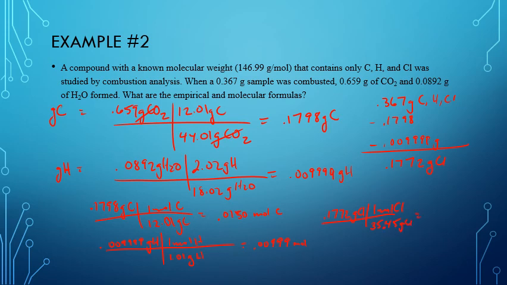And that gives us 0.005 moles of chlorine. So now finding this, I have 0.0150, 0.00999, and 0.00500.